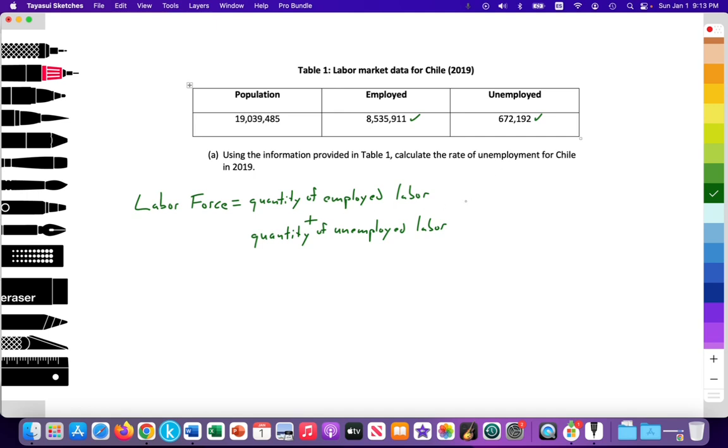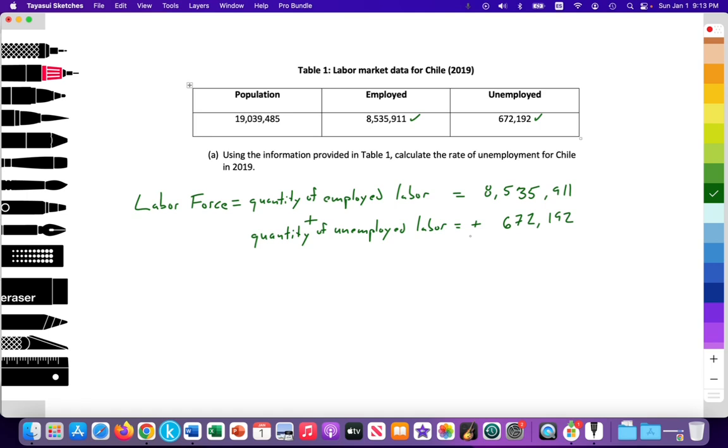So the quantity of employed labor is equal to 8,535,911. So 8,535,911 people are employed, and we're going to add that to the quantity of unemployed, 672,192.